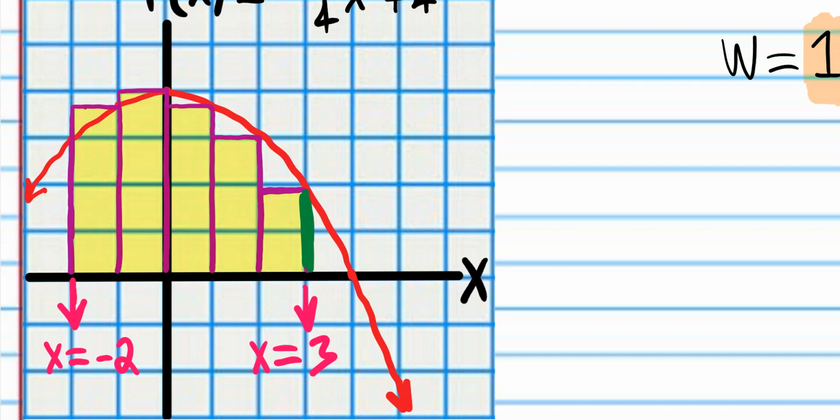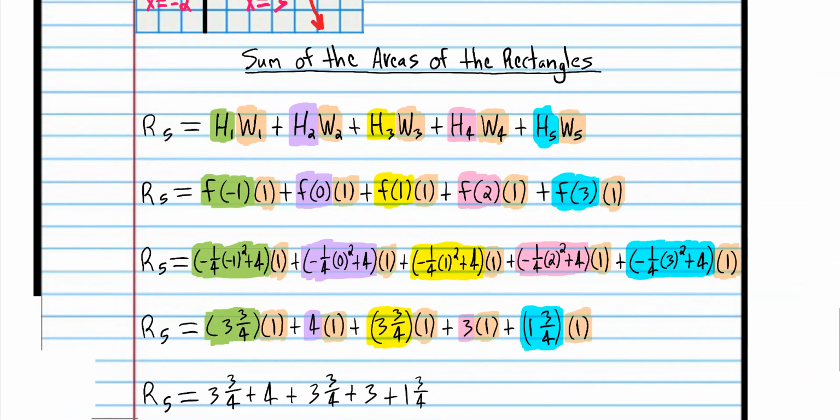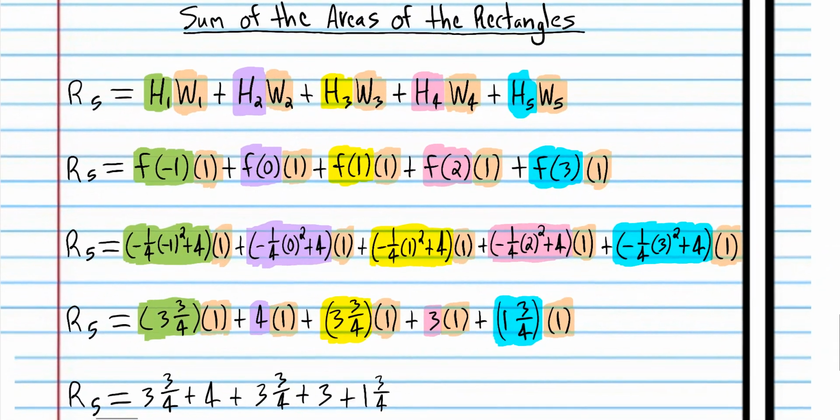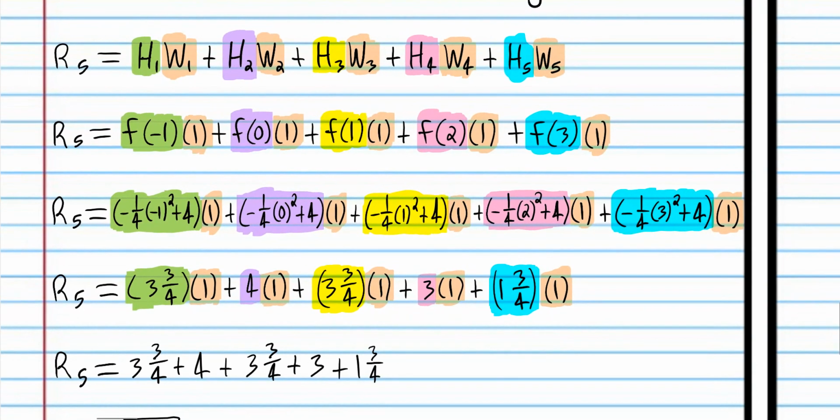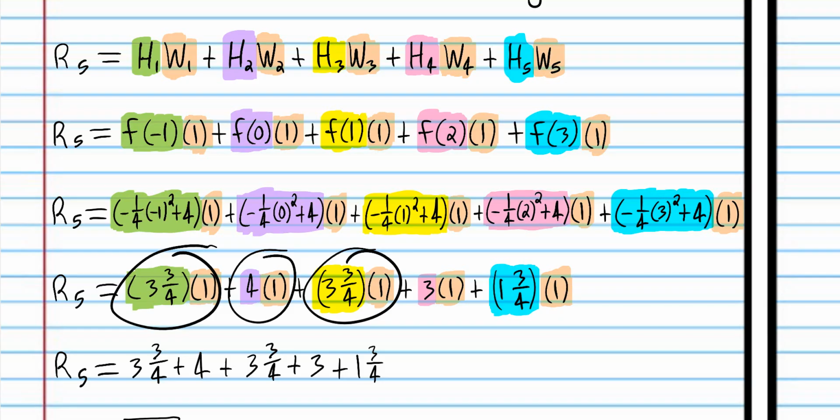We didn't do that before. We just plugged in 2. So we plug in our numbers into the function, and we calculate, and we get our area here of the first rectangle. This is the area of the second, area of the third rectangle, area of the fourth rectangle, and so on and so forth.